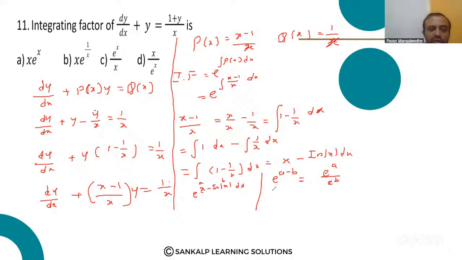So it can be resolved as e raised to x upon e raised to log mod x, which is equal to e raised to x upon x. So option C is the correct answer. Option C is the correct answer.